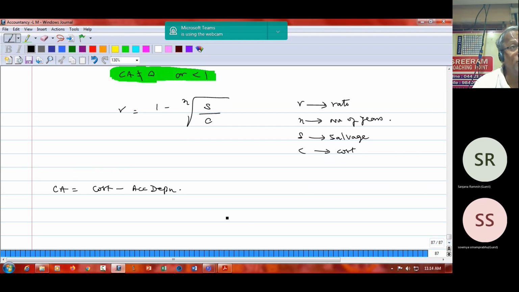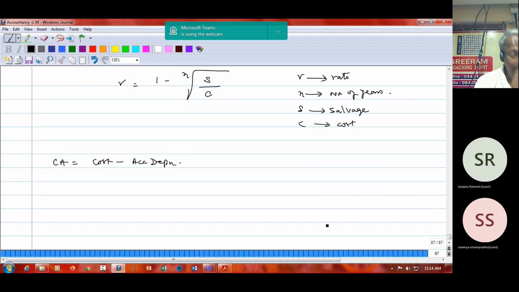From here I am going to do R is equal to nth root of S by C. So cost minus depreciation, R into C. For year number 1, WDV is equal to C into 1 minus R.